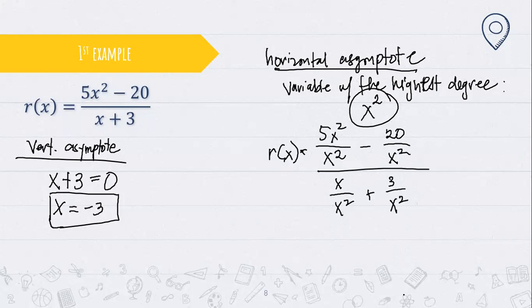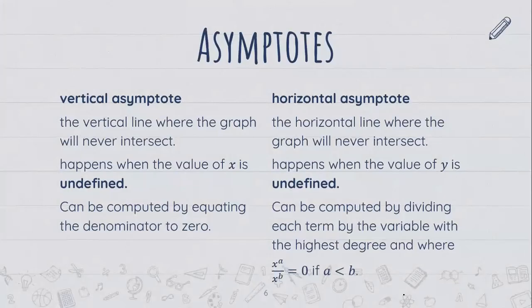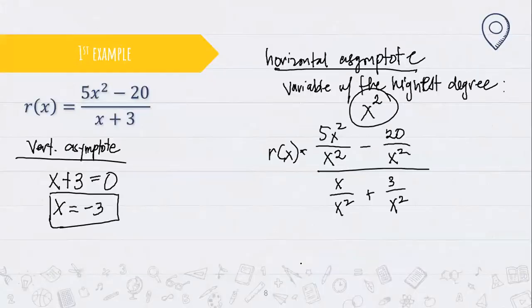Sir, ang hirap naman. O, balik tayo dun sa rule. Kapag mas maliit ang exponent ng nasa taas, isi-zero lang natin yung answer. Okay? Ibig sabihin, kapag mas mababa yung degree ng numerator, kapag nag-divide na tayo ng variable with the highest degree, isi-zero lang natin. Which means, lahat ng hindi x squared, magiging 0.